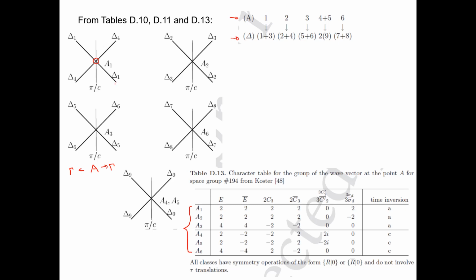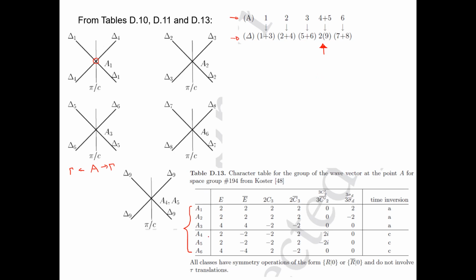But there is one interesting case here, which is the A4 and A5 representation. We may see that in the next few lectures or seminars when we consider time reversal symmetry.